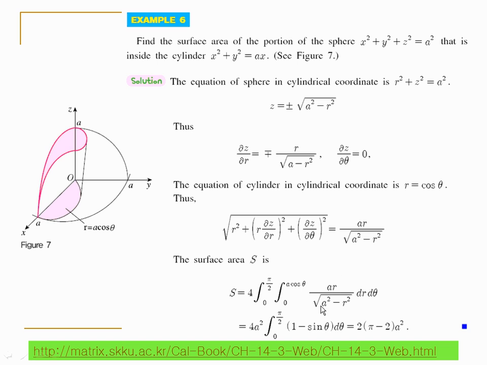So we have this integral, and this gives us this integrand, and then we integrate 1 minus sine theta from 0 to 2 pi, and then multiply by 4a squared to get this value. And this is one example which is related to the earlier example.